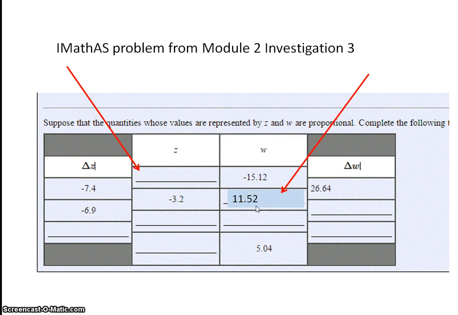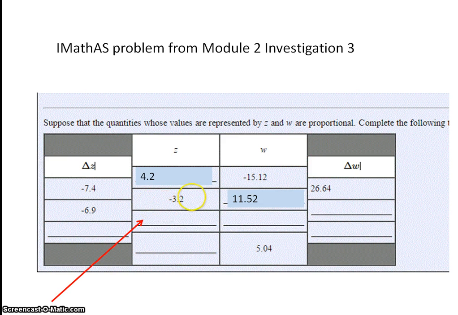Now using that same idea but going backwards, I can come up with the first blank in the z column. This unknown z minus 7.4 would decrease the value of z down to negative 3.2. So what value minus 7.4 would give us negative 3.2? Thinking backwards, you get a positive 4.2 to fill in there.